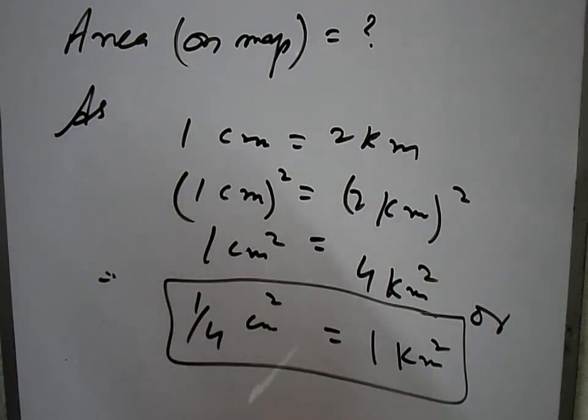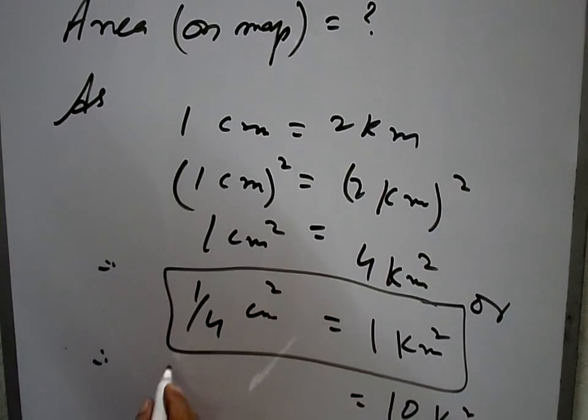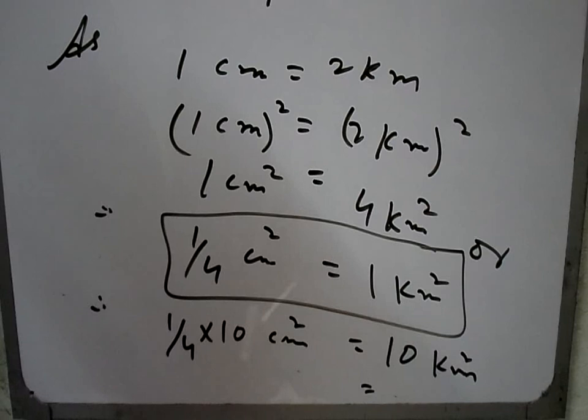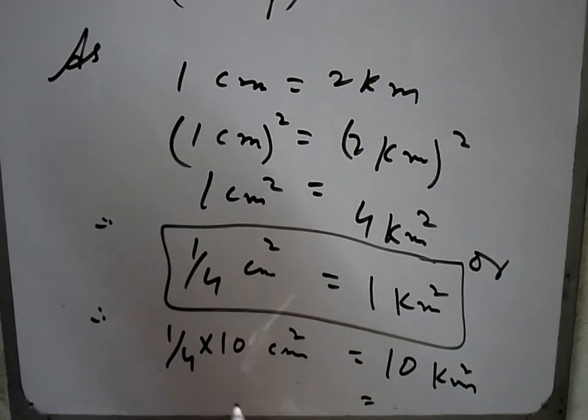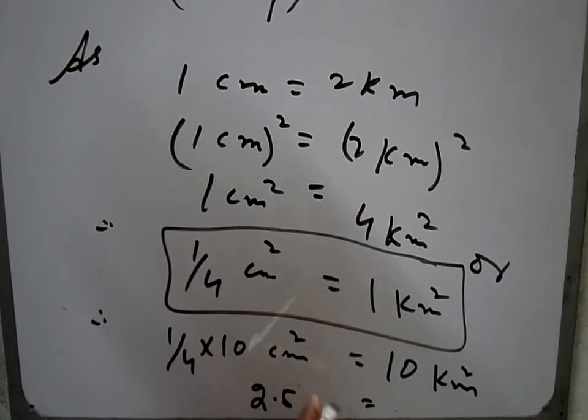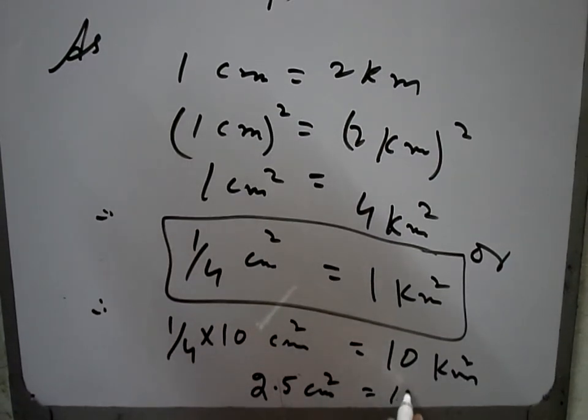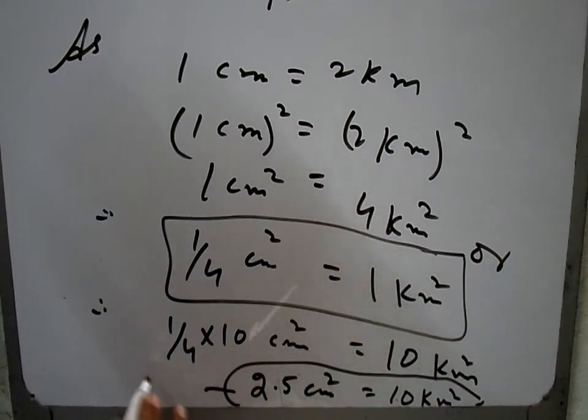But we need 10 kilometers square represented on the map, so multiply with 10. So how many centimeters square of area will be represented on the map? By simplification you will get 2.5 centimeters square. So that is your required result, 2.5 centimeters square is your answer.